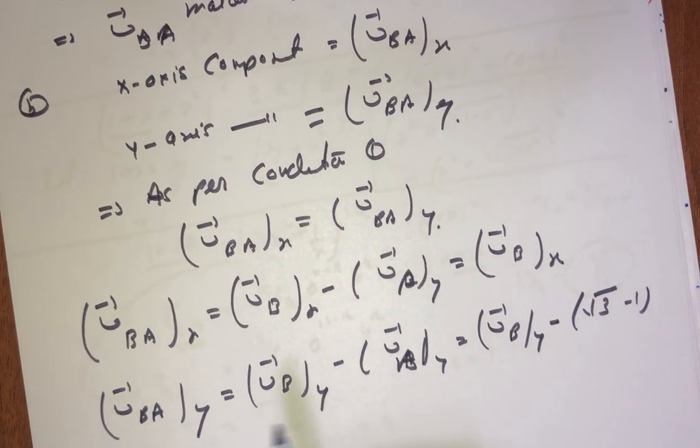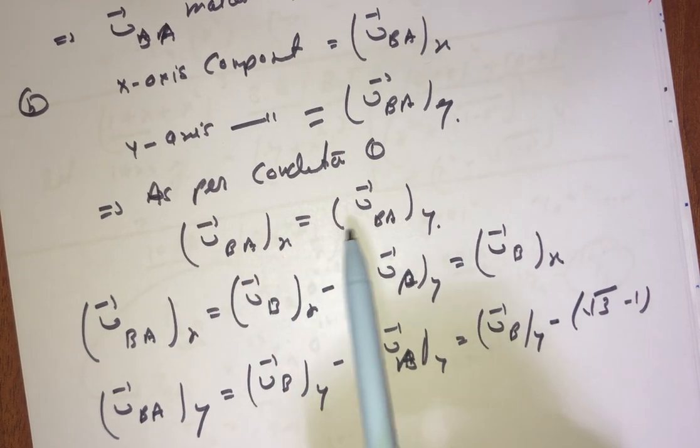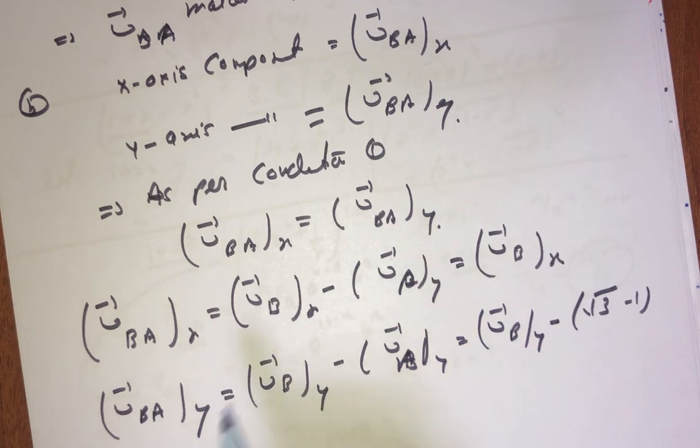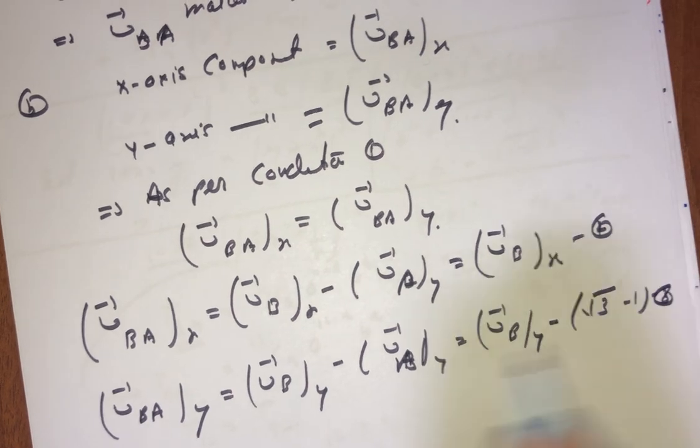Now it is given that VBAx is equal to VBAy, so we can equate both these equations. Let this be 2 and let this be 3.